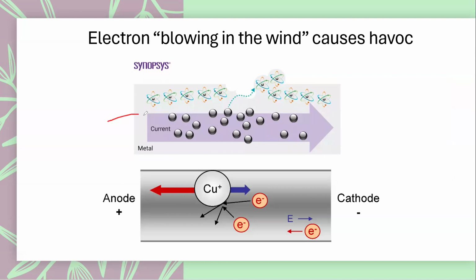The current flows this way, which means the electrons are moving this way, and they will kick the ions in some places and force the ions to move forward out of their original place, as if the electrons are wind, and the ions are dust lying on the ground that follows the electron wind. That's what I meant by electron wind blowing causing havoc. And this is called electromigration.